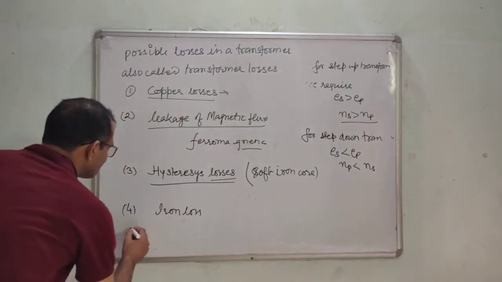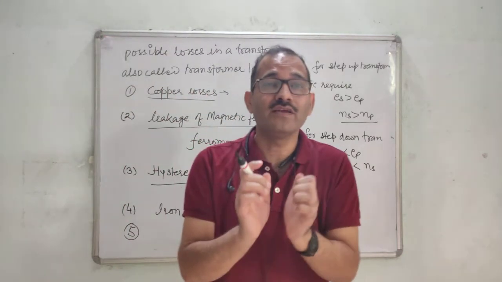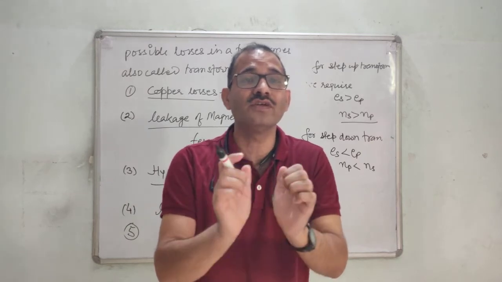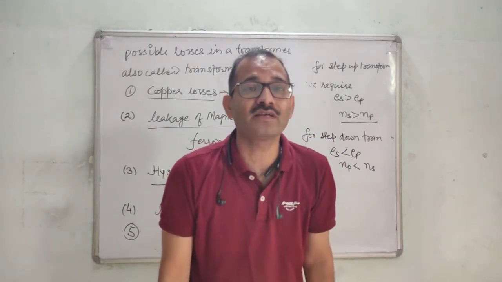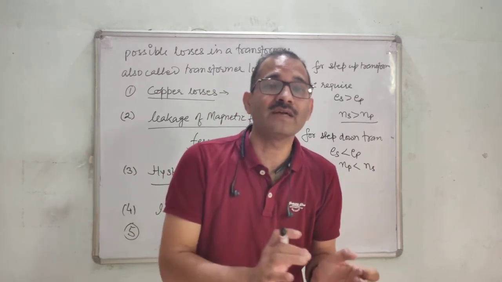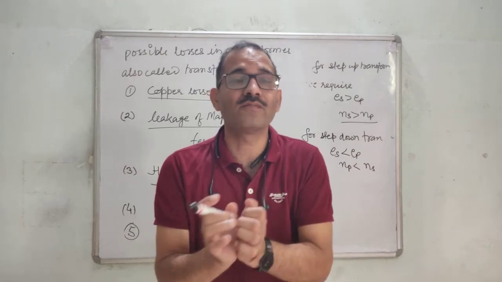One more loss is found in a transformer. When you stand near a transformer in a calm atmosphere, you will hear the vibration, you will hear the sound. And sound is also a form of energy. So some energy is also dissipated in the form of sound.